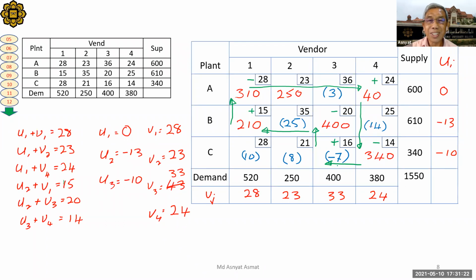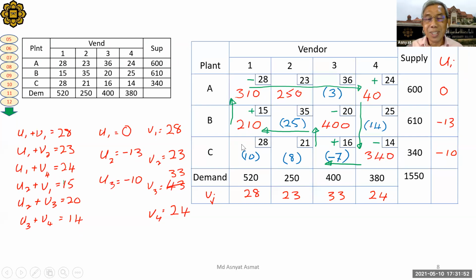Okay, I think this is the most suitable. Repeat from non-basic to basic variable, to basic variable, to basic variable, and close.